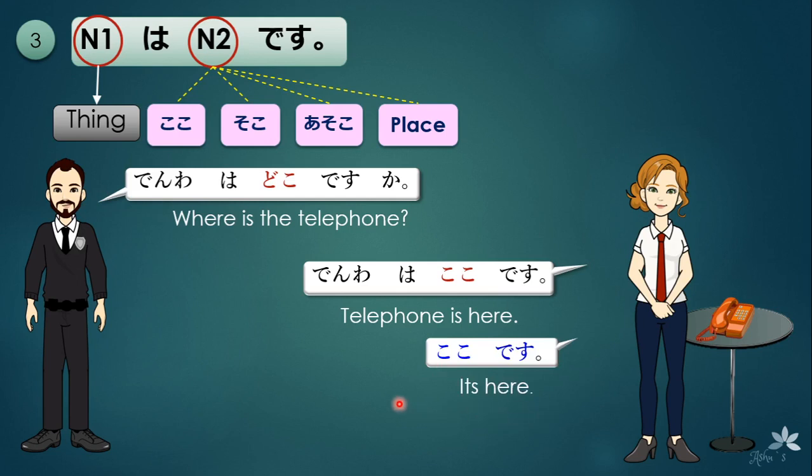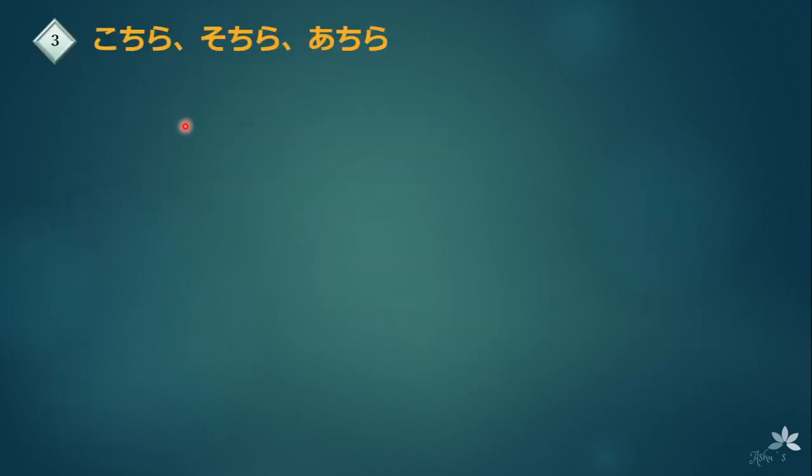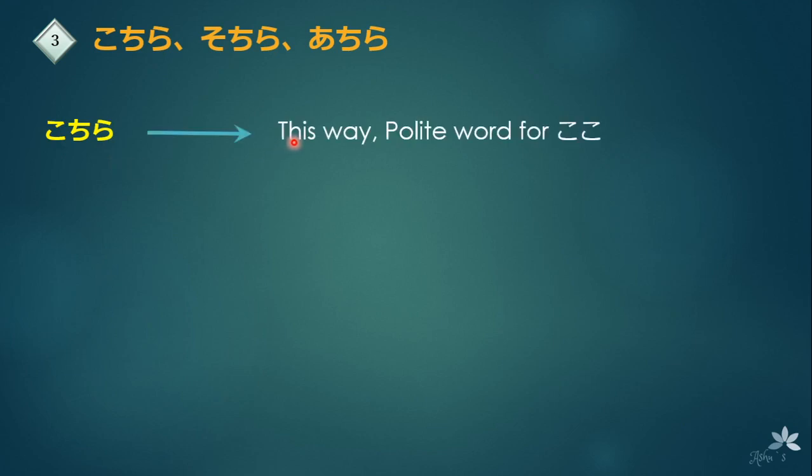Hope you have understood this sentence pattern, friends. Let's learn new words. Kochira, sochira, achira. Kochira means this way, or it's the polite word for koko.